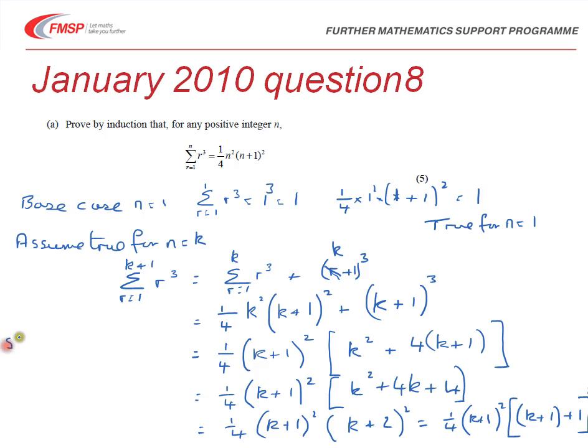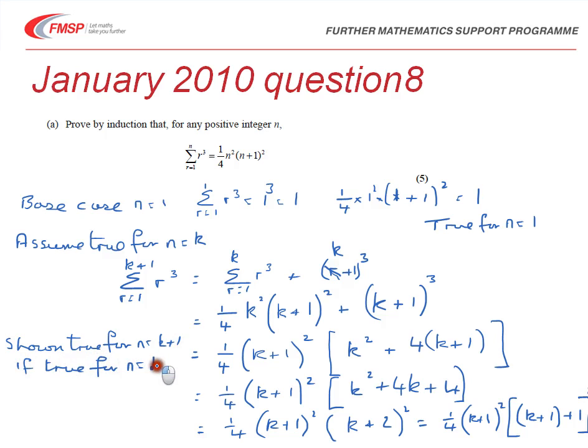So we've shown true for n equal to k+1 if true for n equal to k, and also we know that it's true for n equal to 1, and therefore it's true for all integers n, and positive.